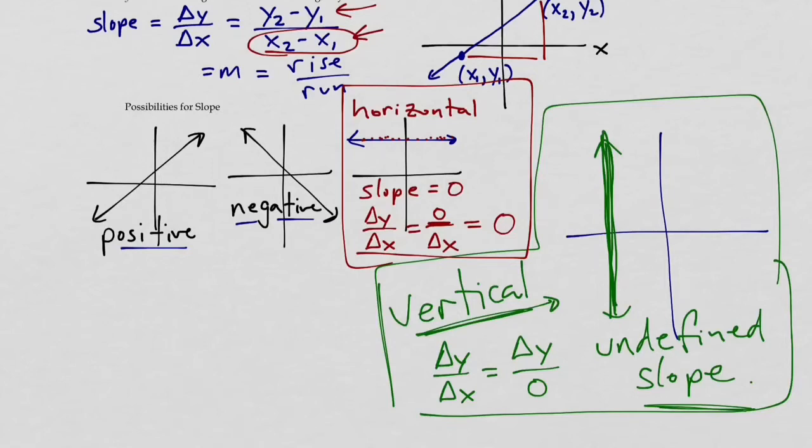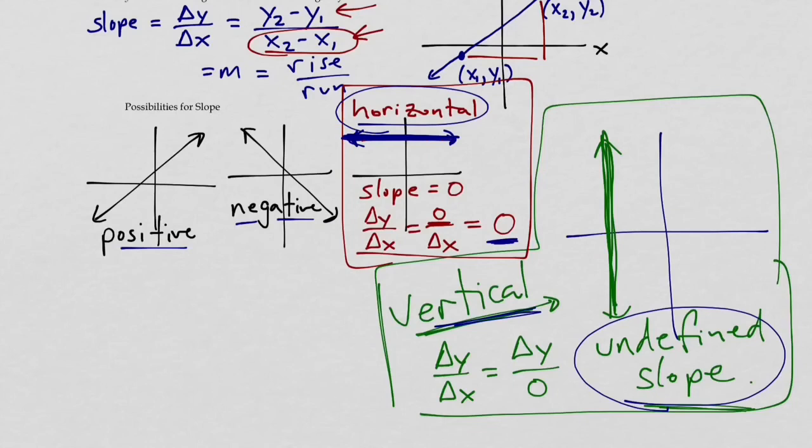On the other hand, with a horizontal line, we can change our horizontal position, but the vertical position then never changes. And so 0 is the perfect number to represent the fact that the vertical position never changes. It takes time to think about those distinctions and make the connection between a vertical line and an undefined slope, and a horizontal line and a 0 slope.